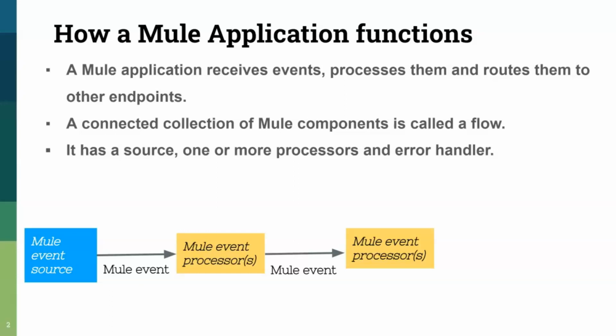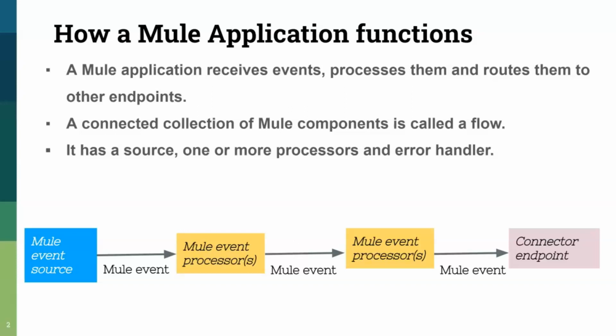Or in this Mule processor, maybe we could be aggregating the data or filtering it or enriching it. It depends. We can do different things with it, but you can understand it at a high level. Now the Mule event is changing, and finally that Mule event gets transferred to an endpoint connector.